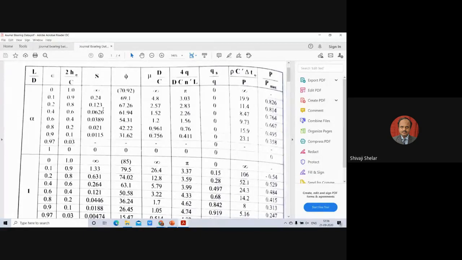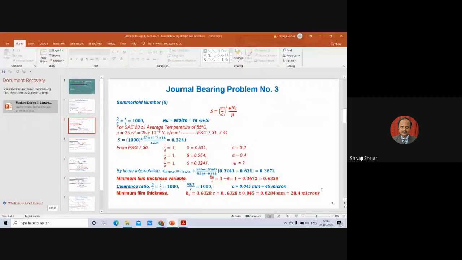For understanding linear interpolation, considering 0.631, the eccentricity ratio is 0.2. If you take Sommerfeld number 0.264, the eccentricity ratio is 0.4. So then what is the value of eccentricity ratio for the calculated Sommerfeld number? I have represented this data here in the presentation.